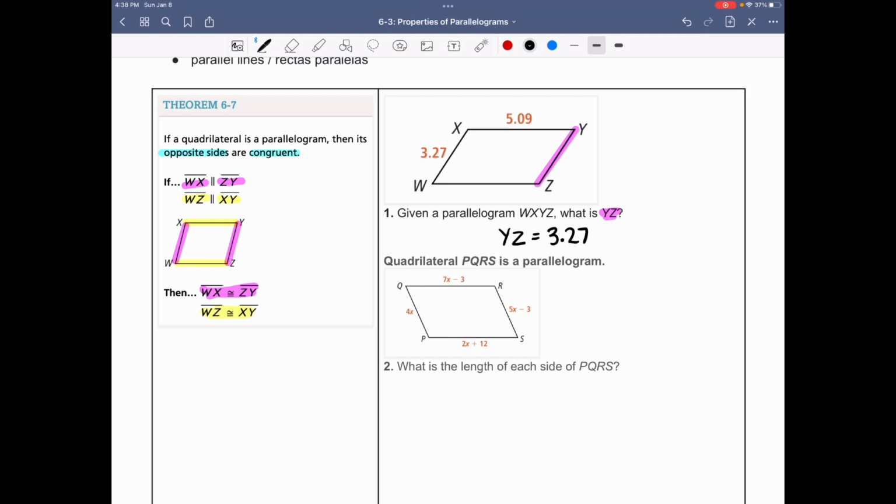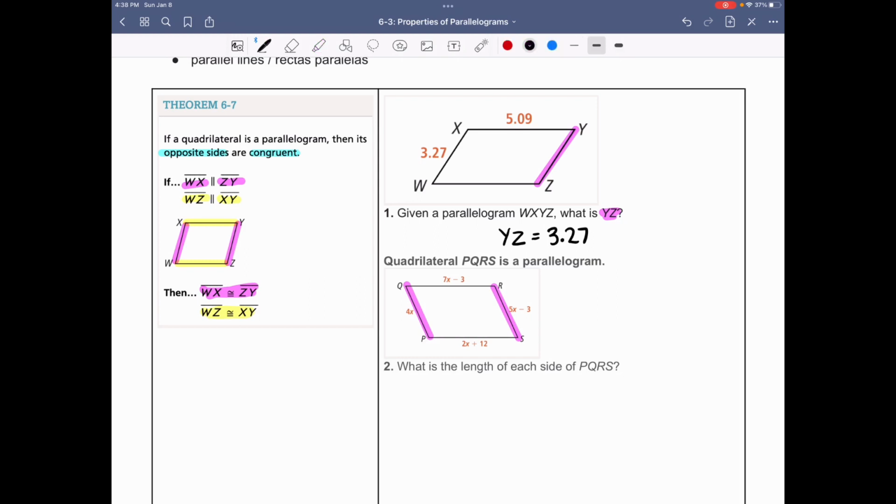Now let's apply it using algebra. Quadrilateral PQRS is a parallelogram. What is the length of each side of PQRS? All right, they want to know each side. So first we'll figure out these sides just because the algebra looks a little easier.